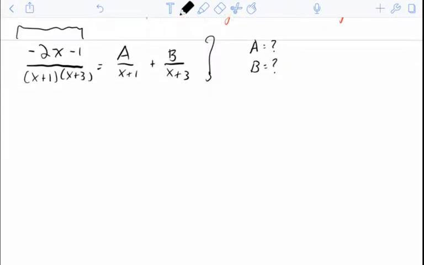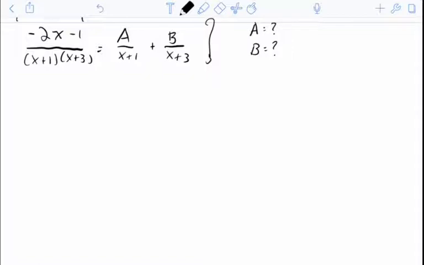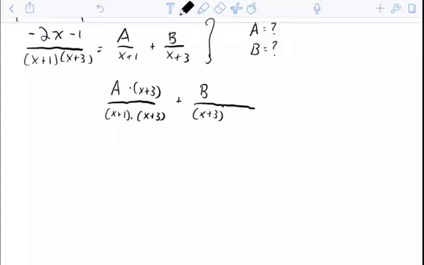Well, I already know how to combine two rational expressions, so I'm going to do that. I'm going to multiply this one top and bottom by the denominator on the other one. And then I'm going to multiply this one top and bottom by its sister's denominator. Okay.